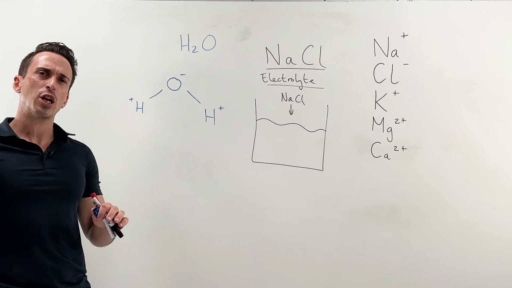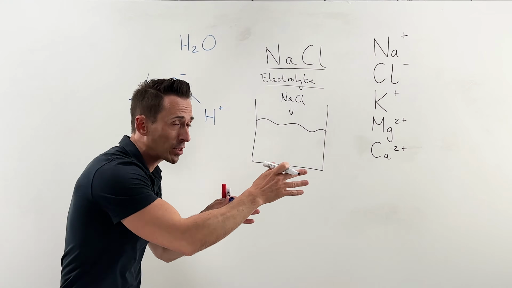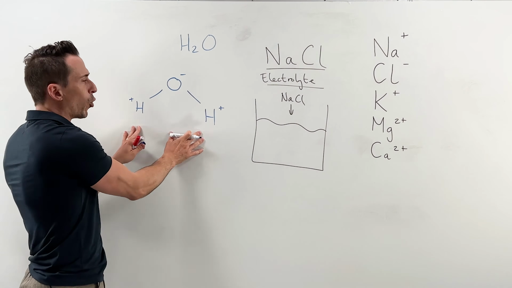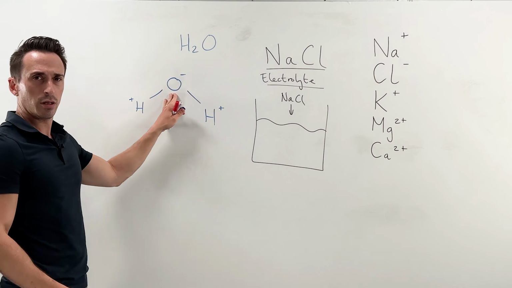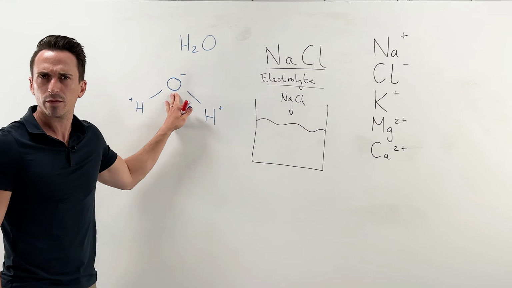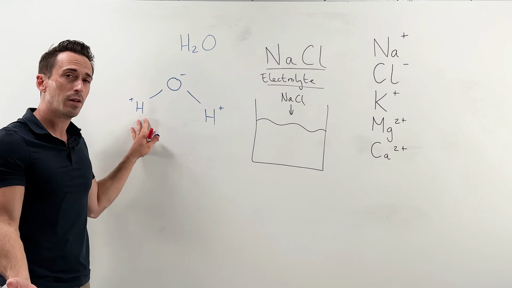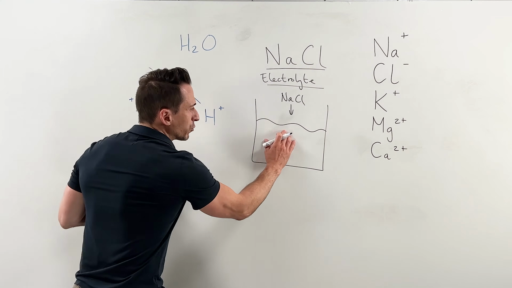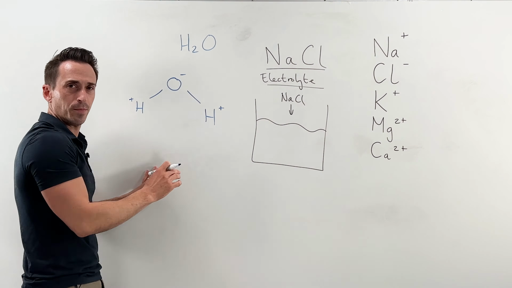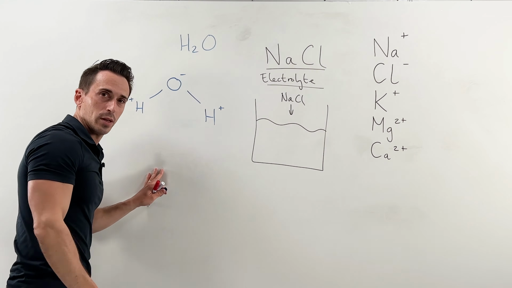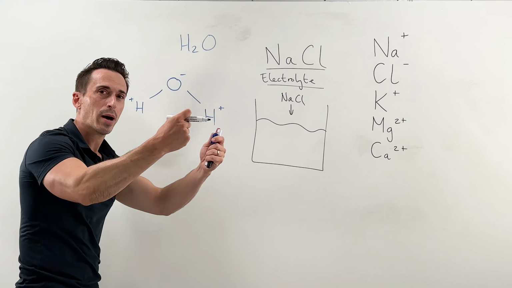This is important. What do you know about charges? You know that a negative charge will be attracted to a positive charge, and a positive charge will be attracted to a negative charge. And therefore, if you have water, the negative oxygen is going to be attracted to anything that's positive, and the positive hydrogen will be attracted to anything that's negative. Interesting. So if this whole solution is water, and you've got sodium chloride being dropped into it, the water pulls them apart, right?